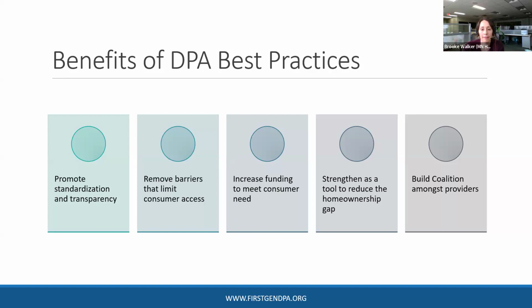The benefits of having best practices for down payment assistance include promoting standardization, removing barriers for consumers. We often hear about how challenging it is to access down payment assistance, get approved, etc. We also believe that having best practices will help increase the investment in down payment.